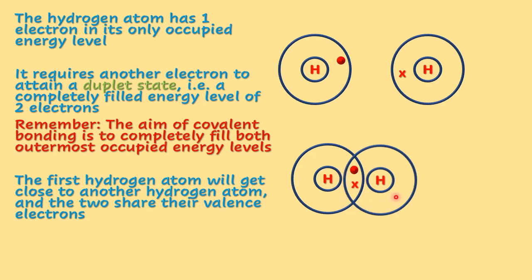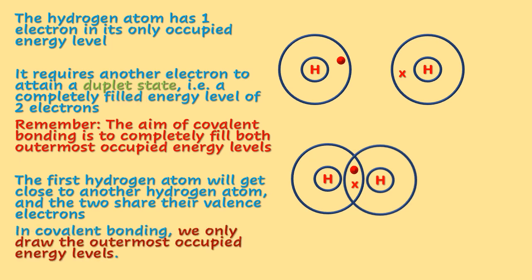This second hydrogen atom will also have 1 and 2 electrons, and therefore both will have attained a duplet state and will form a hydrogen molecule. When we are considering covalent bonding, we will only draw the outermost occupied energy levels of the participating atoms.